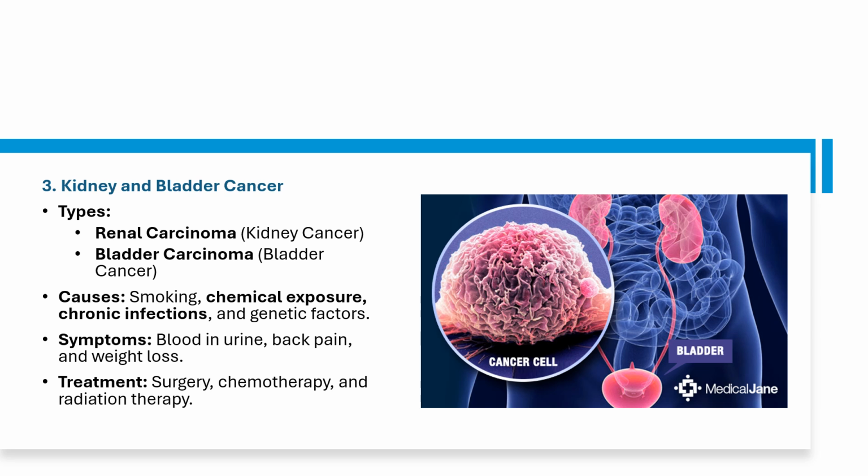Causes are smoking, chemical exposure like we discussed before, maybe certain other chronic infections like bacterial infections, and even certain genetic factors can contribute to kidney and bladder cancer. Some of the common symptoms are blood in urine, back pain, and weight loss. Surgery, chemotherapy, and radiation therapy are some of the treatments used to heal kidney and bladder cancer.